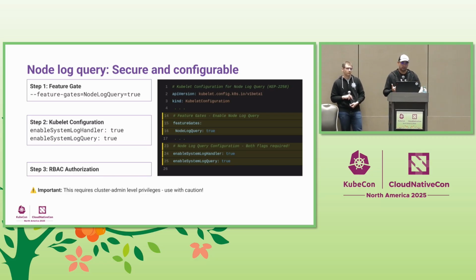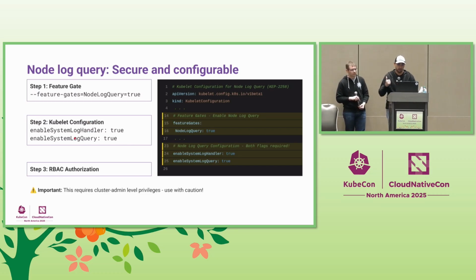To get this feature in your current cluster, it is behind a feature gate, so you need to enable the feature gate. Of course, the name of the feature gate is NodeLogQuery. Once you set the feature gate to true, you need to make sure that your kubelet configuration also sets the enableSystemLogHandler and enableSystemLogQuery options to true.